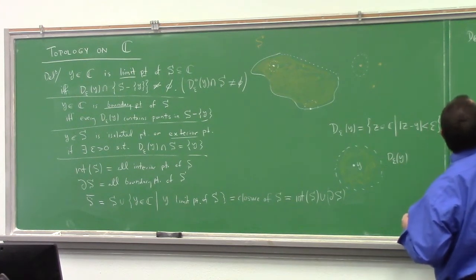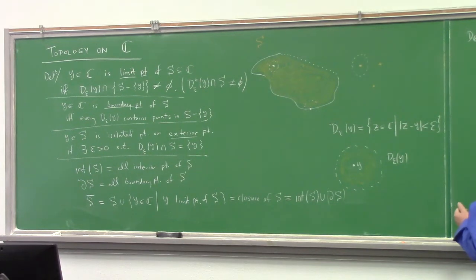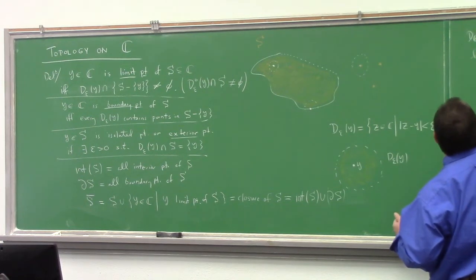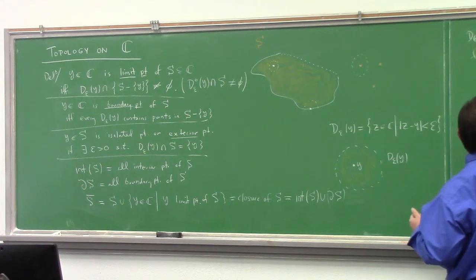[Z1, Z2] is equal to Z1 plus t times (Z2 minus Z1), such that 0 less than or equal to t less than or equal to 1, for any Z1, Z2 in the complex plane.